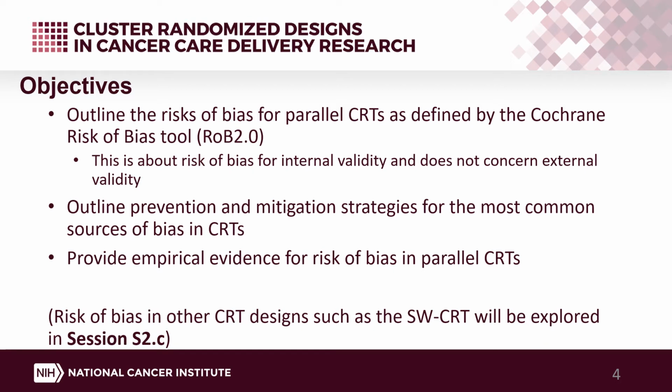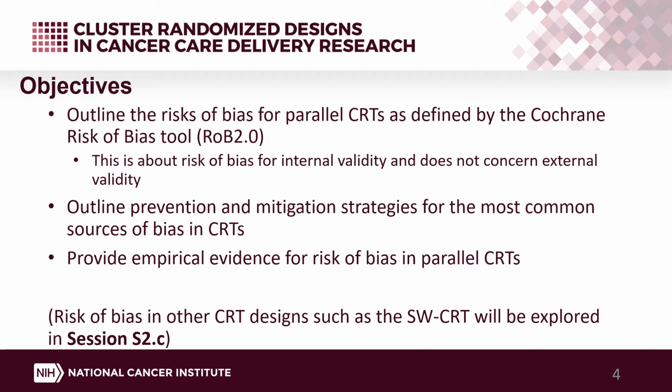And then thinking about these different types of biases that can be particularly prevalent in parallel cluster randomized trials, we're going to outline some recommended prevention and mitigation strategies to try to prevent the most common sources of bias that arise in cluster trials. And then finally, we're going to look at some empirical evidence for risks of bias in parallel cluster randomized trials.